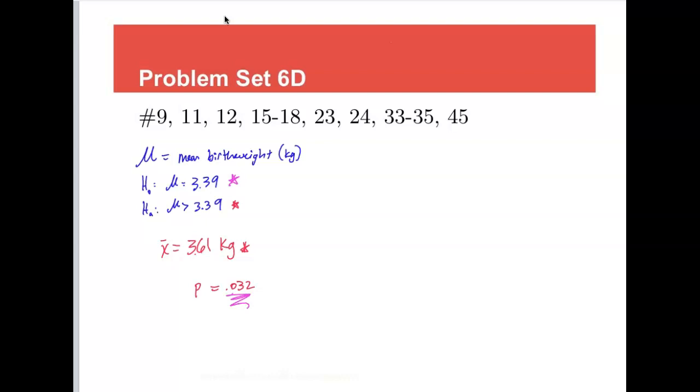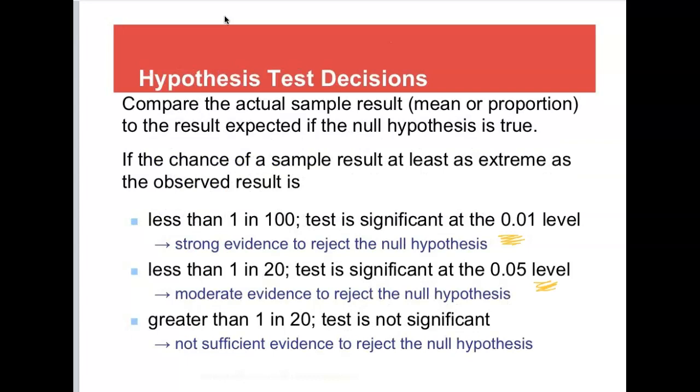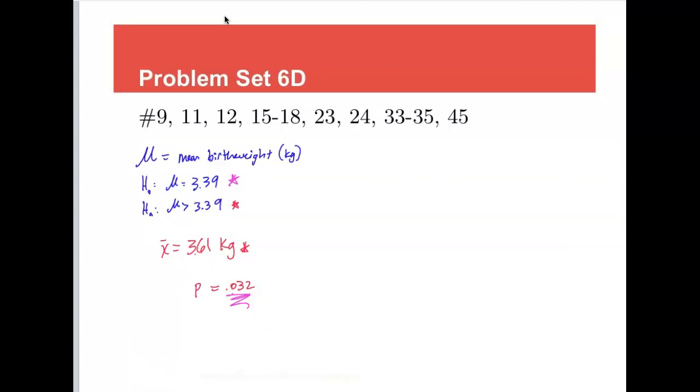So just based off of this, we said that if it's 0.01 or less, that's strong evidence. If it's 0.05 or less, that's moderate evidence. So we're saying, hey, that's pretty unlikely to have occurred by chance. We have moderate evidence favoring HA.